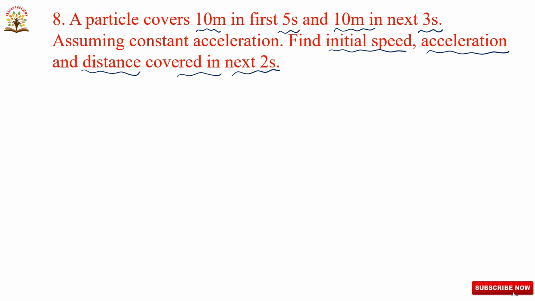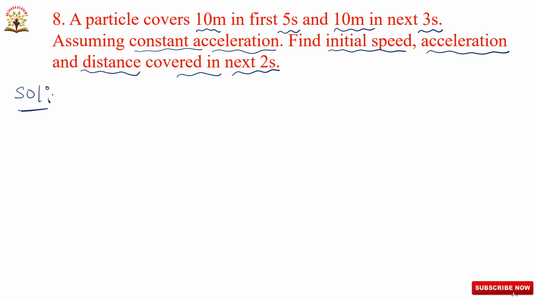Here in this question, they gave 10 meters in the first 5 seconds and 10 meters in the next 3 seconds. We have to assume that the particle is moving with a constant acceleration. You have to find the initial speed, acceleration and distance covered in the next 2 seconds. Okay, let us go to the solution.